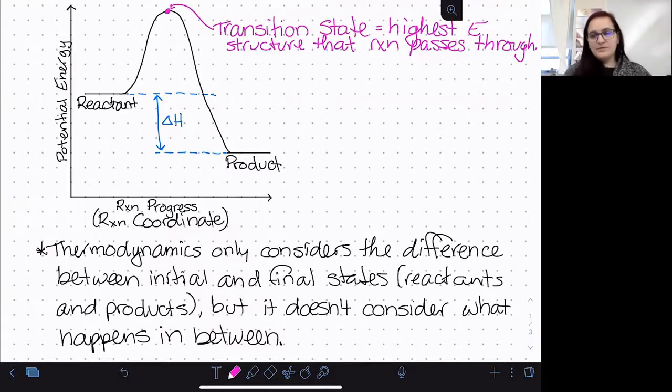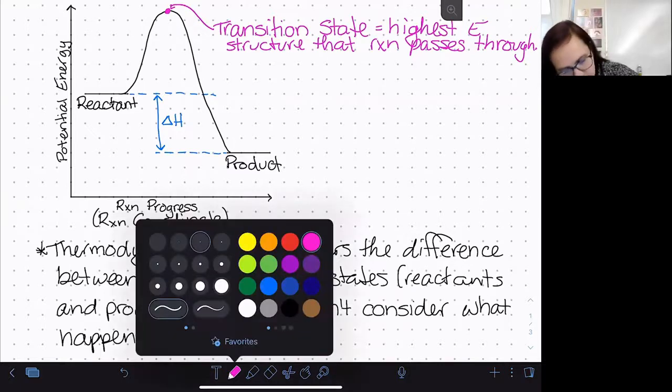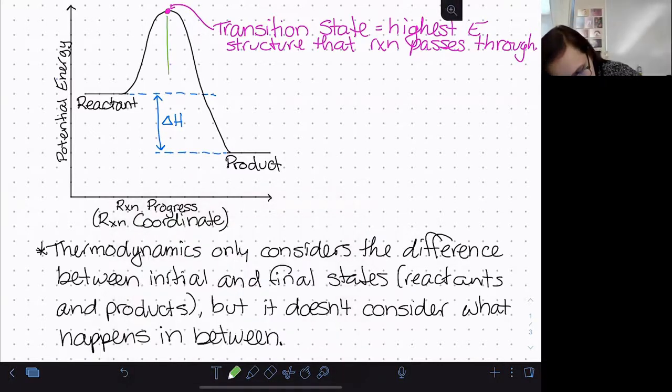But it's an important passing point for our reaction because it governs this difference in energy here, which is known as the activation energy, which we commonly label EA.